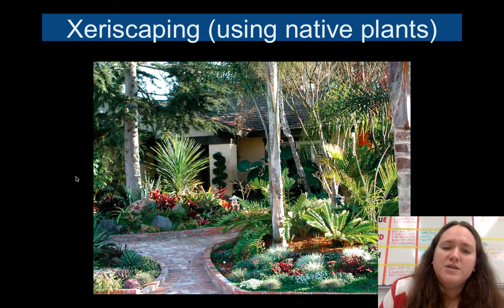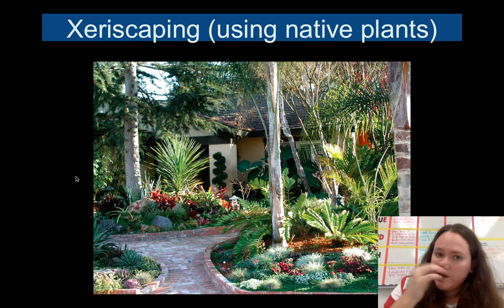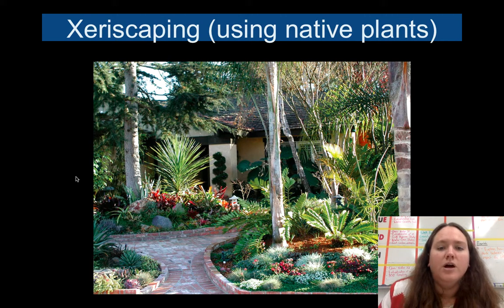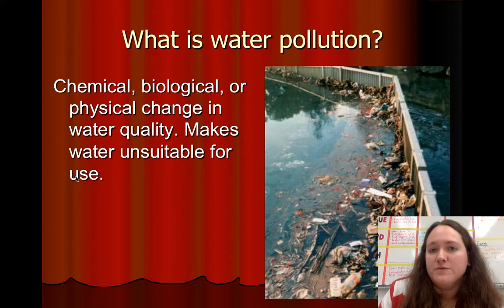This is basically using native plants in your yard instead of any kind of species that might not naturally grow there. We saw this when we went to the well-fed community garden. In the front lawn, they have a bunch of natural native plants. And so the native plants are going to use less water because they're adapted to a region that has less water use.